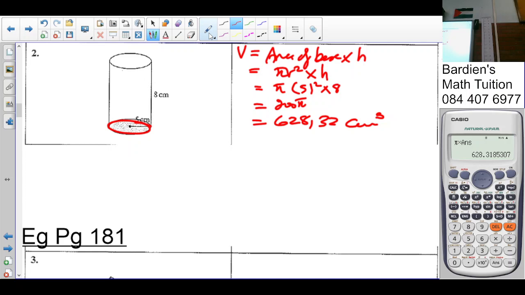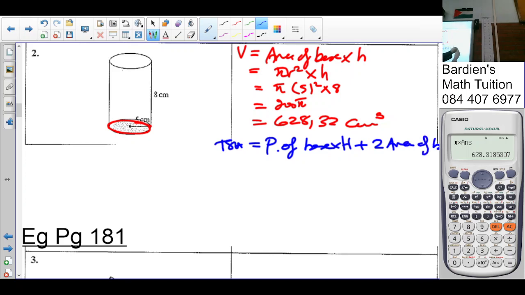Volume is area of base times height. The area of the circle is going to be pi r squared times height, which is basically the depth of the object. Let's look at the total surface area. How do you calculate the total surface area? Perimeter of base times height plus 2 area of base.